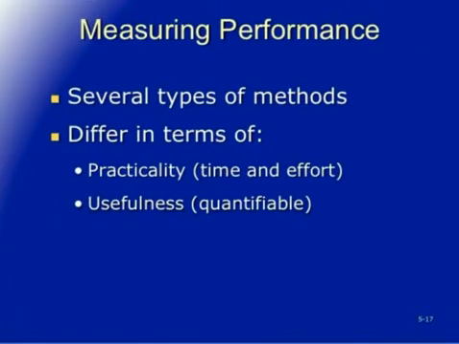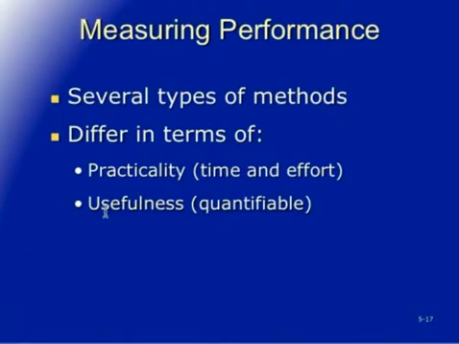Okay, measuring performance. All right, so we looked at the different types of methods. They differ in terms of practicality, the time and effort involved to use these different methods of measuring behavior and performance, and usefulness. So are they quantifiable? Can they actually be used to improve performance and improve behavior the next time around or in the long haul?